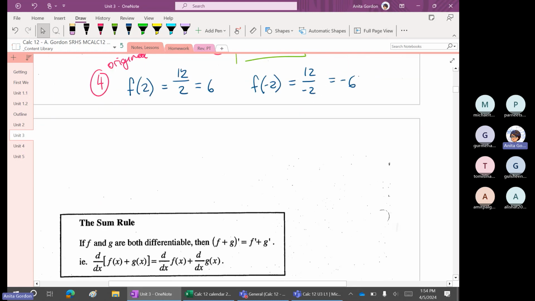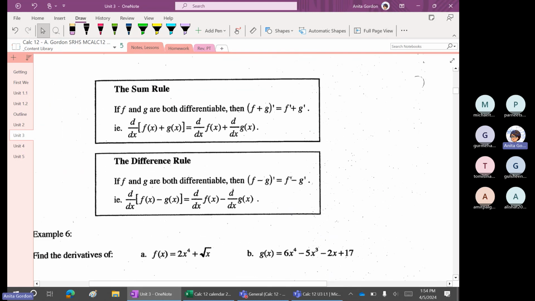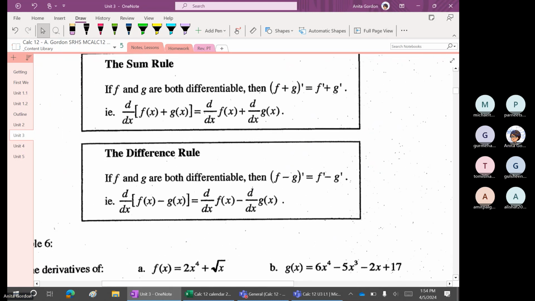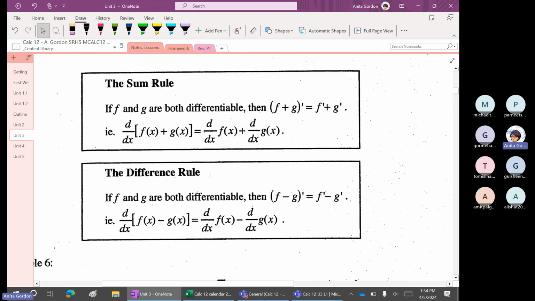All right, the sum and difference rule are exactly like the limits. Okay, if you have a function that has pluses and minuses in it, then you can do the individual pieces and then plus or minus the derivatives. That's essentially what these two rules are. So this is technically rule number 3 and rule number 4. Okay, but we already did this with limits.